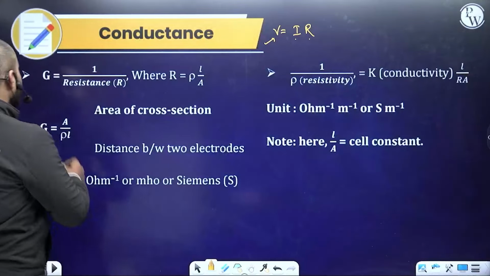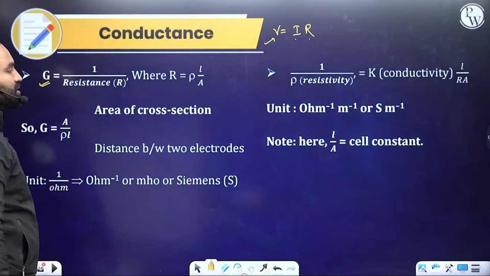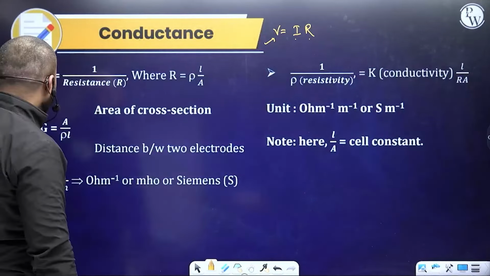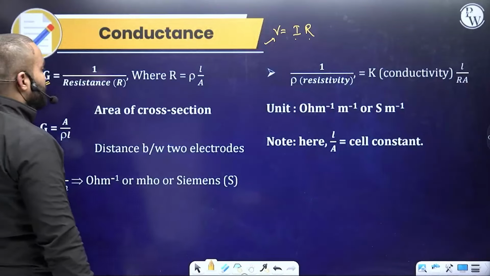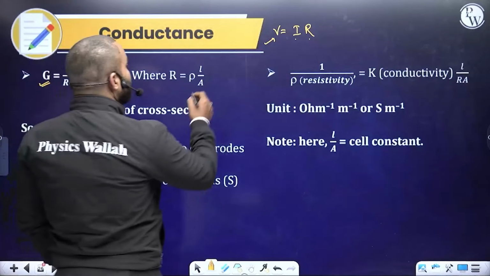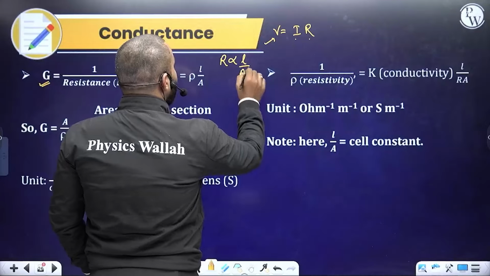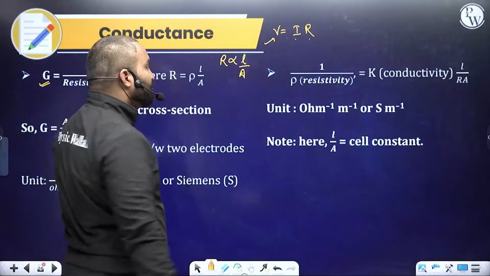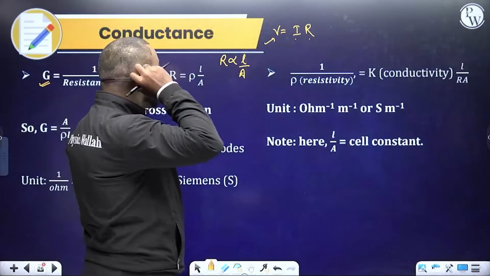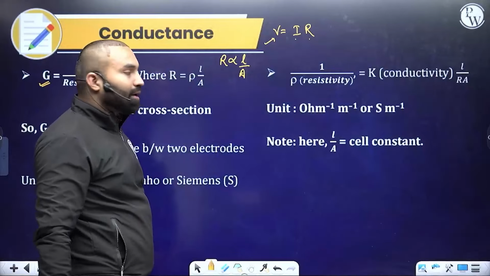Also, you should know that R is directly proportional to L divided by A. L is the length of the conductor, A is the area of the conductor.